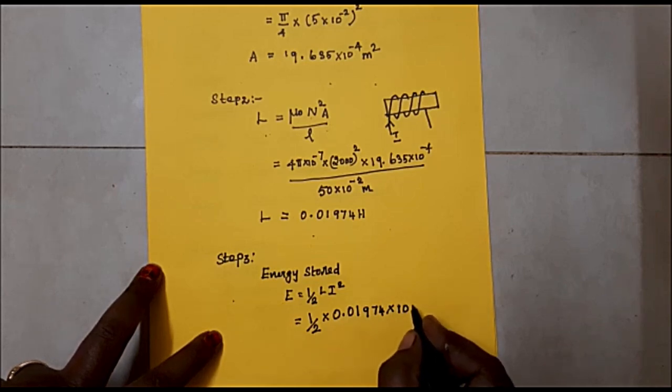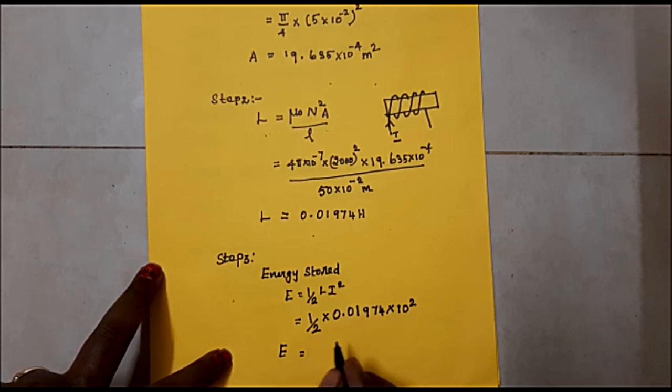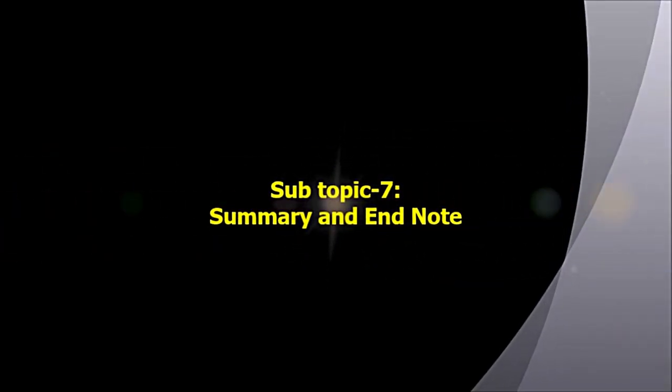After substituting that value and calculating using the calculator, we get E equal to 0.987 joules, where joules is the unit of energy.